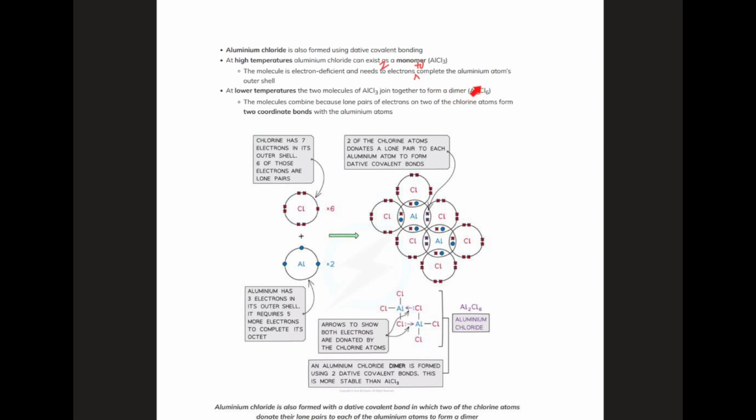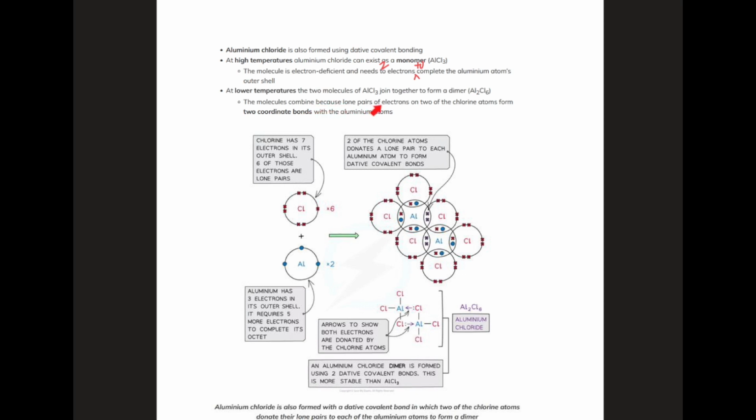To form a dimer, they are more stable existing in this form rather than this form. This form happens when the temperature is high, like 700 something degrees Celsius. If the temperature is lower than that, then they will form a dimer.